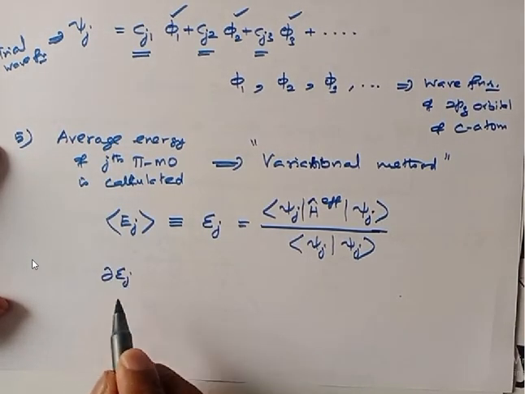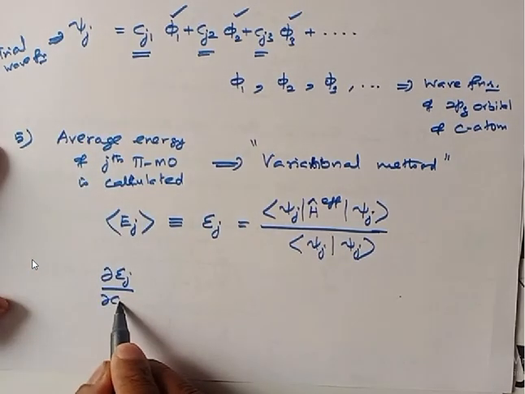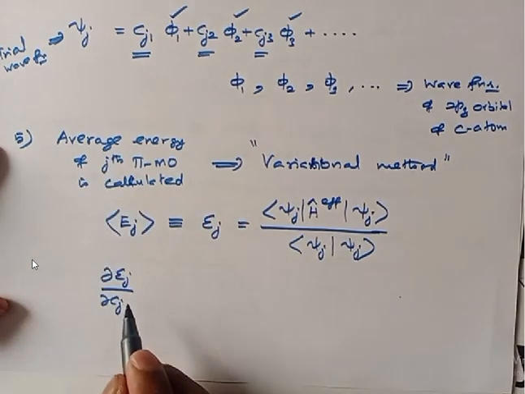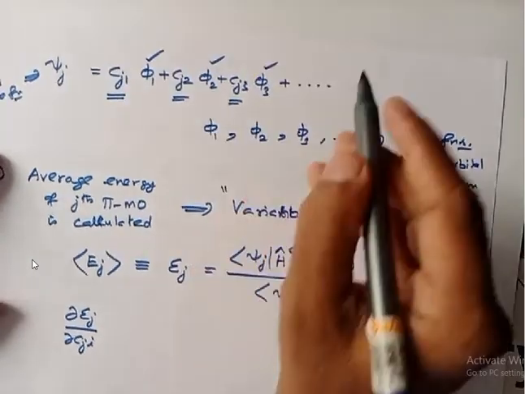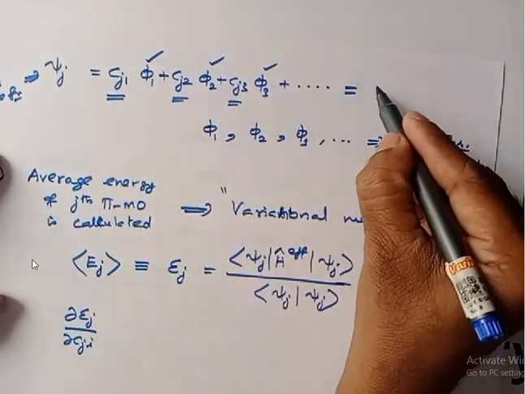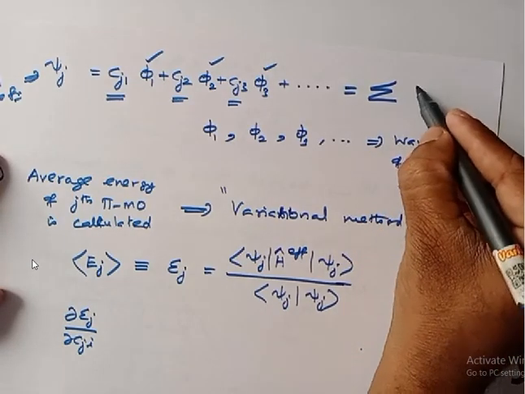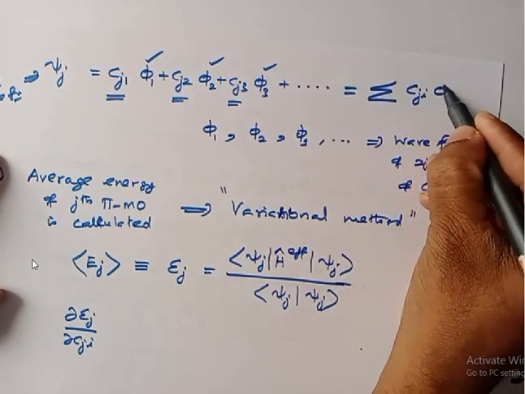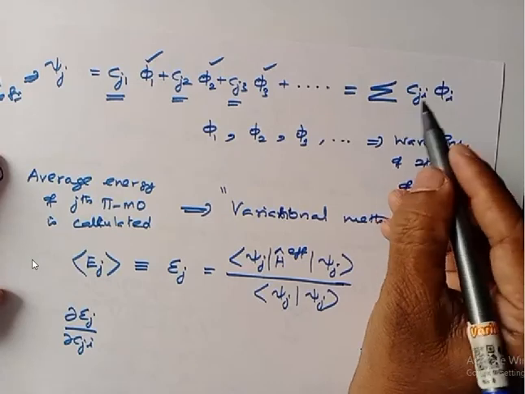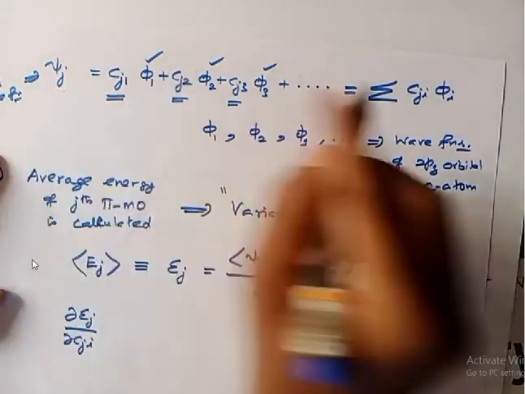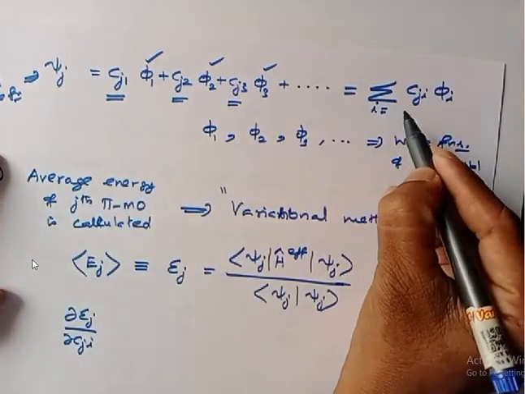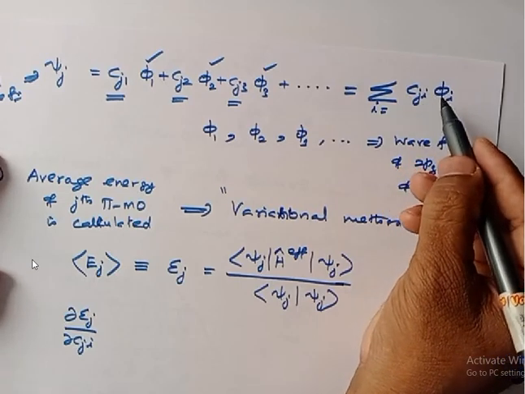To minimize the energy with respect to the coefficient, what we have to do? Differentiate this Ej with respect to the coefficient Cji. Since it is a summation, psi j is the sum of Cji phi i, where j represents the jth molecular orbital and i represents the ith carbon atom.